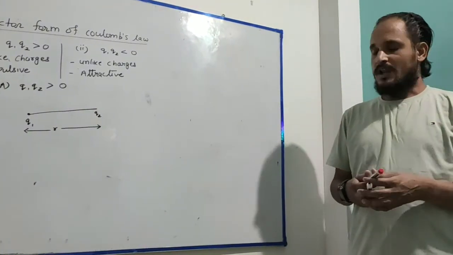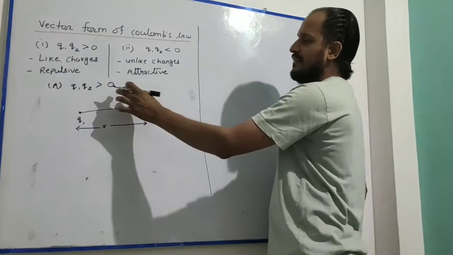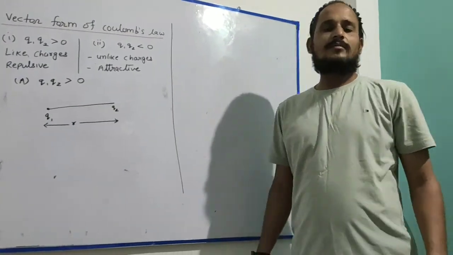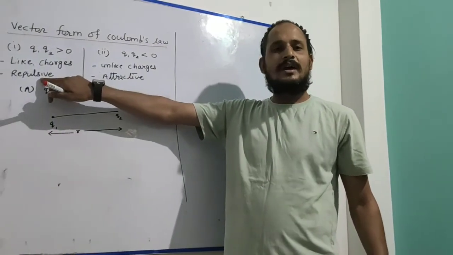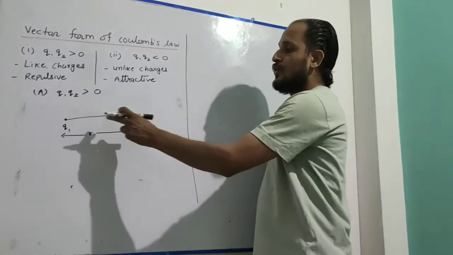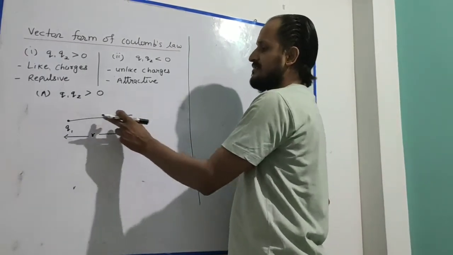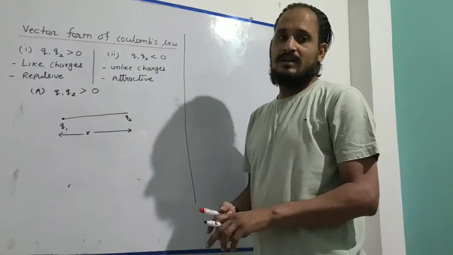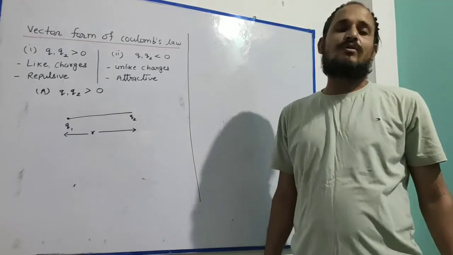Here, now we know that if product of Q1 and Q2 is greater than 0, it means that both the charges are like charges and the force acting between them is repulsive in nature. So Q1 will exert force on Q2 and Q2 will exert force on Q1. First of all, we have to mention the direction of forces.